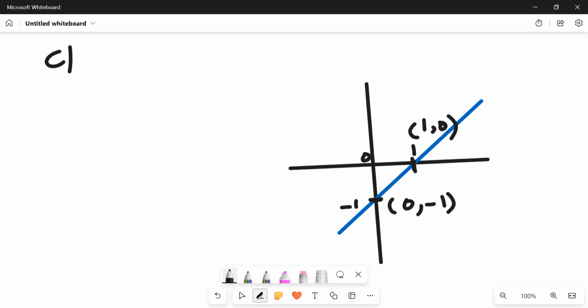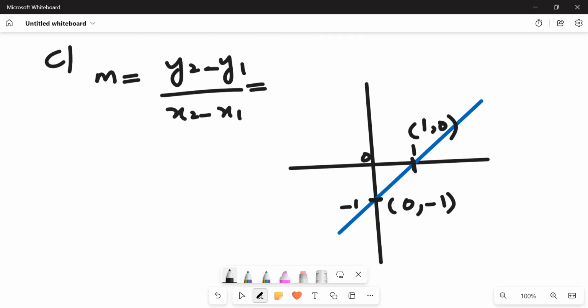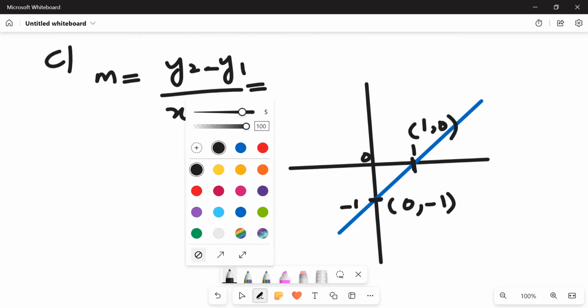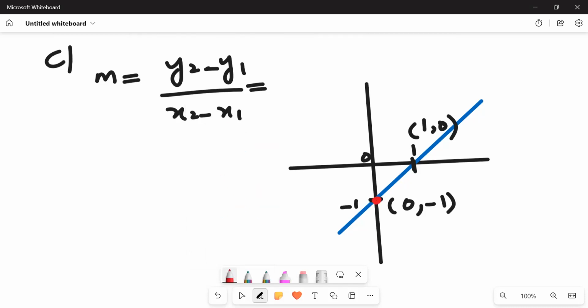Then the slope of this line is m = (y2 - y1)/(x2 - x1). Did you get how I wrote this point? This line cuts the y-axis at -1 and the x-axis at 1. So the point where x is 0 and y is -1.